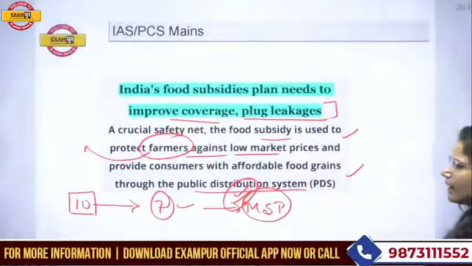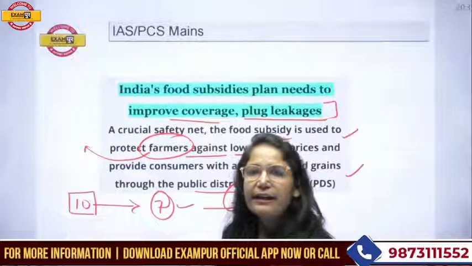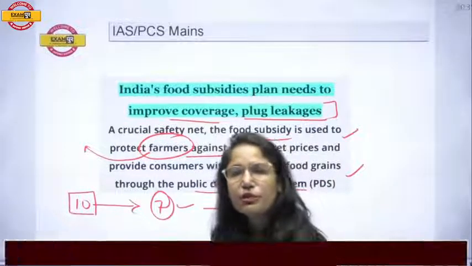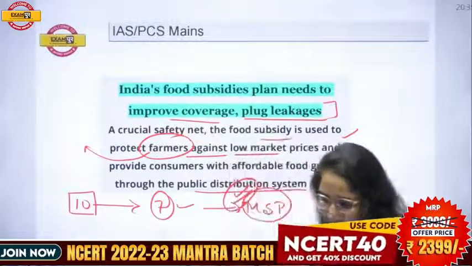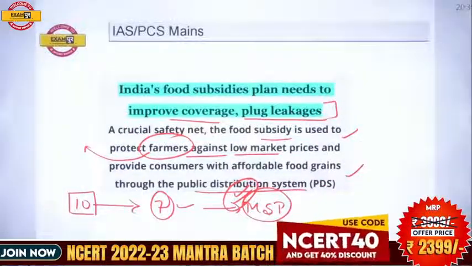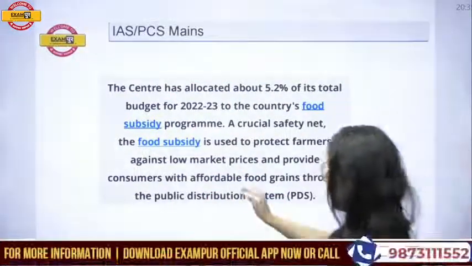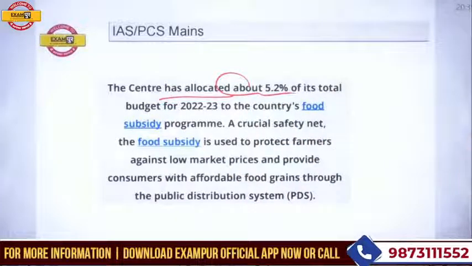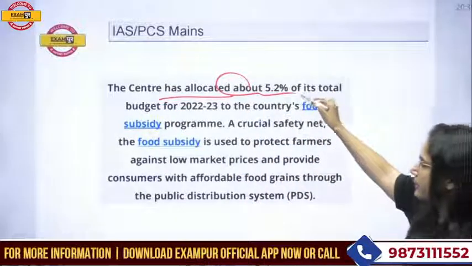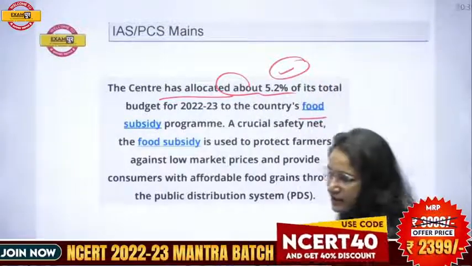Why would we talk about the farmers when things are related to food subsidies? Because food subsidies are on behalf of both producers and consumers. The central government has allocated about 5.2% of its total budget, a huge budget, for the food subsidy program.